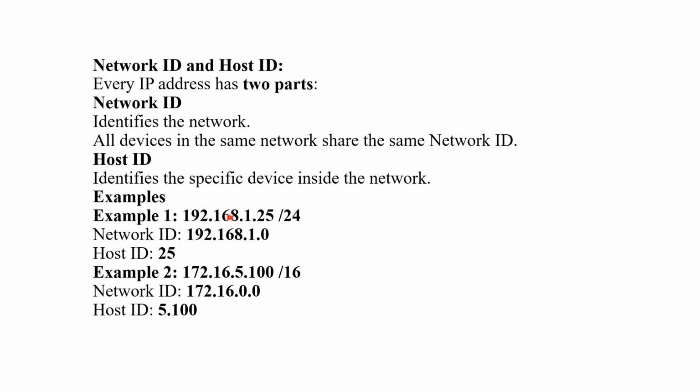This is a class C: the first three octets belong to the network ID and just one octet belongs to the host ID. And in class A, just the first octet belongs to the network ID and the rest belongs to the host ID.